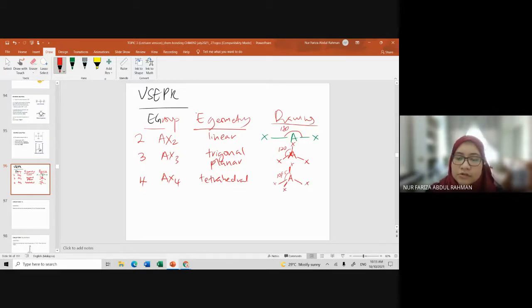Okay, so the electron geometry. Patutnya kan saya buat macam ni tau. This is for molecular geometry katakanlah. Kalau electron geometry, saya tak tunjuk X tu. Okay, I should not show the X. Dia sepatutnya begini. Saya patut tunjuk macam ni. This is the electron geometry and this is the molecular geometry, guys.